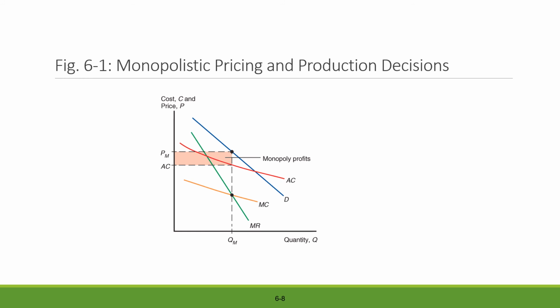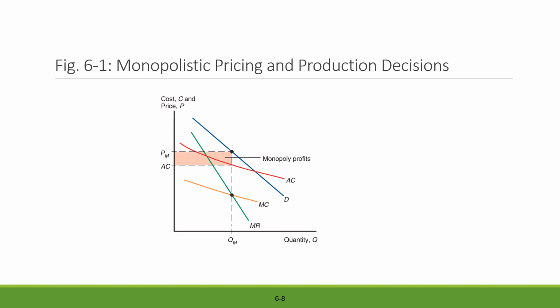Then we have the marginal cost curve, and the profit maximization condition is that marginal cost must always equal marginal revenue. So here again we have selected the quantity where marginal cost and marginal revenue are equal. QM represents the quantity where both the lines intersect each other.